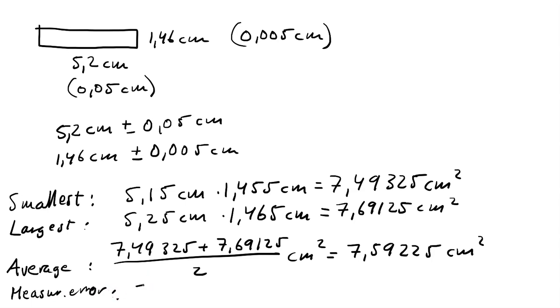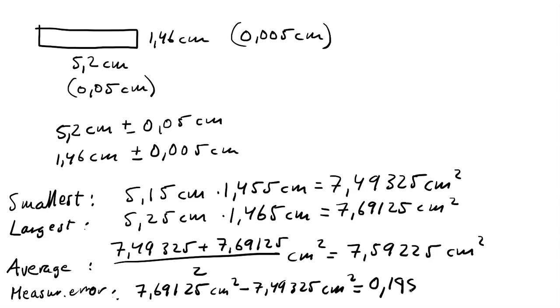So if you take 7.619125 minus the smallest one, what do we get then? We will get this.